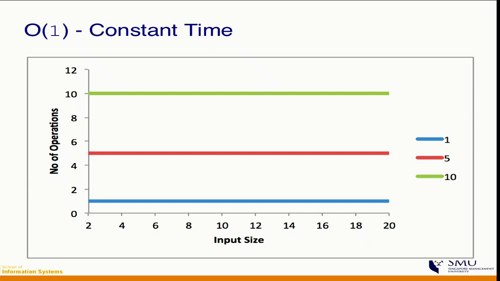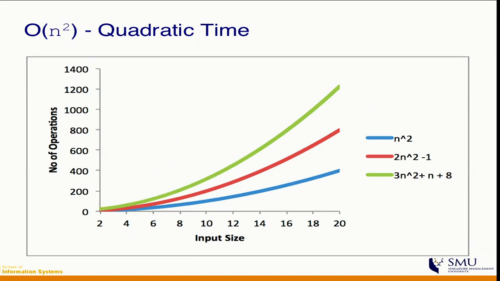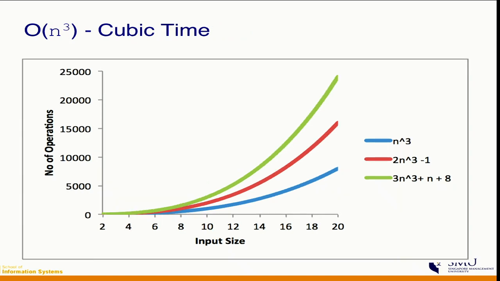So it doesn't actually affect the runtime. Another kind of case is what we call linear time. It means that your operations are going to grow at the same rate as the input. So if your input were to double, then the number of operations would also double. Then we have something called quadratic, which increases faster. Cubic, which is n to the power 3, is even faster.